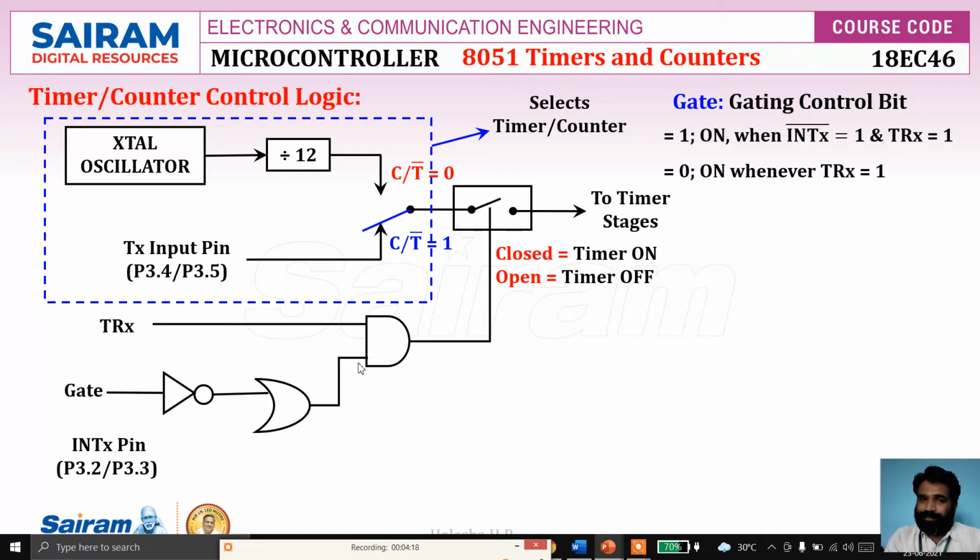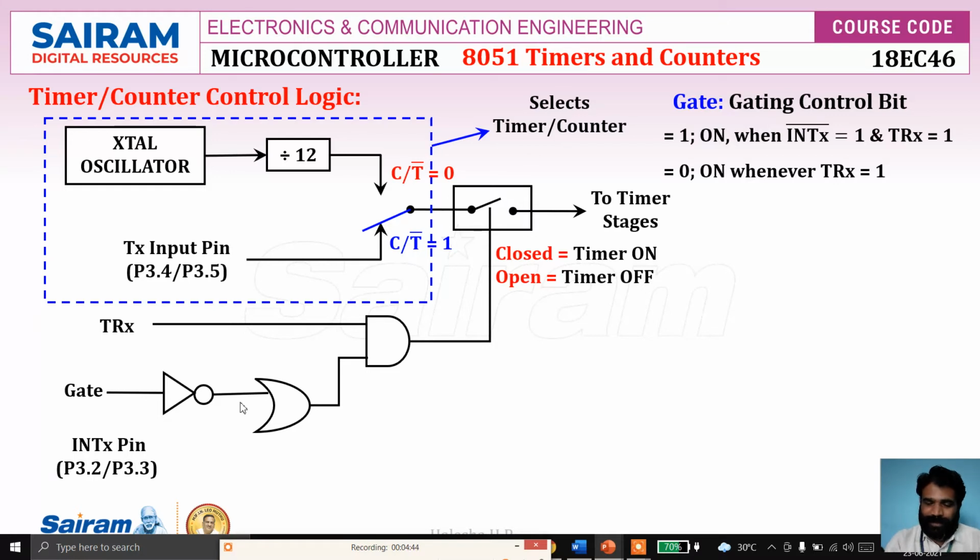If the other input TRX is also 1, the output is 1, so the switch is closed. If it is 0, the output of the AND gate is 0 and the switch is opened. So whatever the other input may be, it is always 1 because it is connected through the NOT gate.